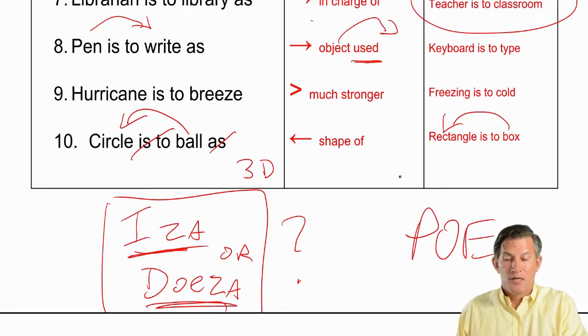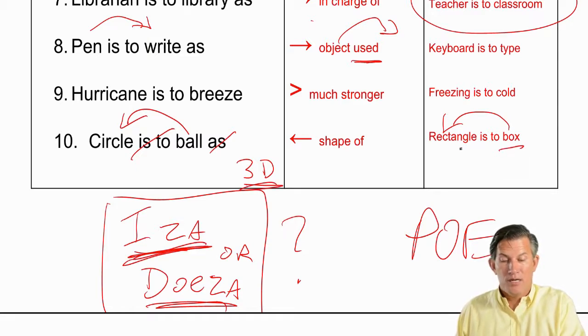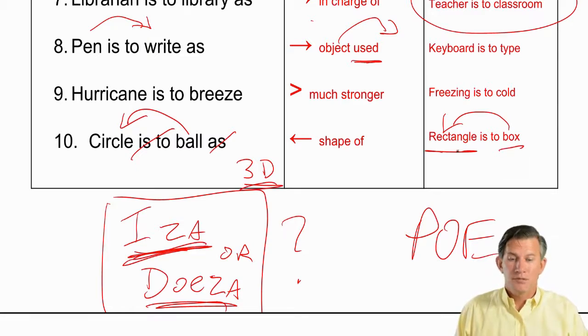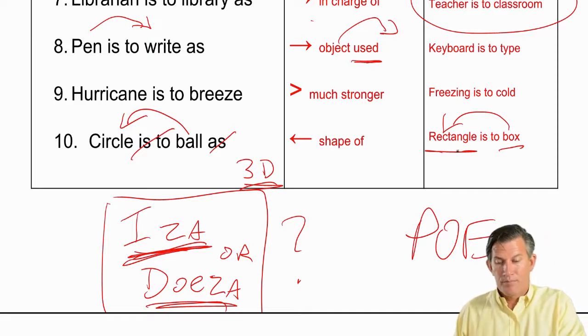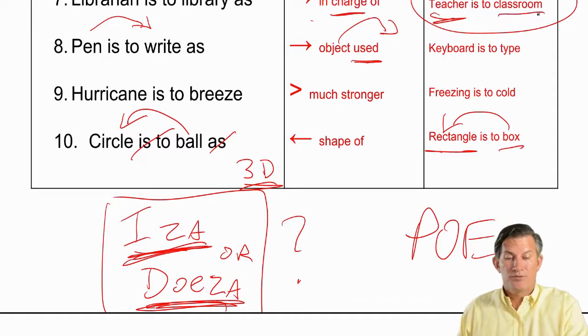Is a box a 3D rectangle? Yes. Then don't eliminate it. And then does a teacher be in charge of a classroom?